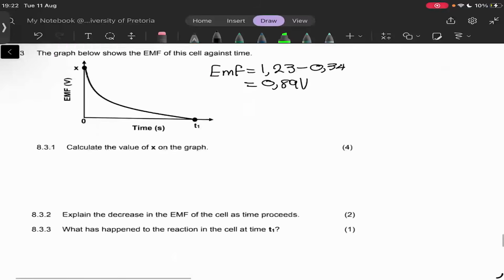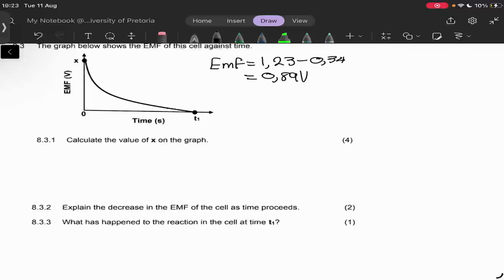Okay? So for 8.3.2, I'd say over here, the concentration of reactants decreases.